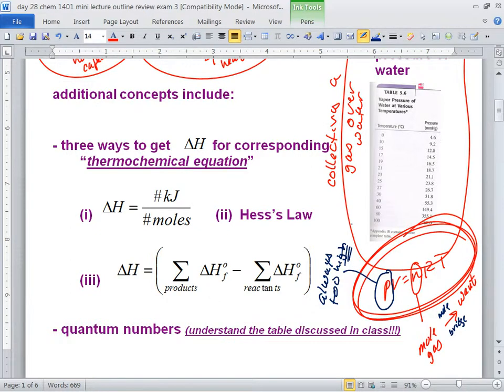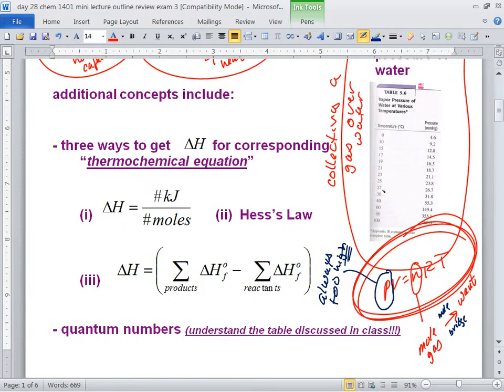That P is always too high. If you plug in the pressure that they give you, you're going to get an answer that's way too big, because the pressure isn't due just to the gas that you're trying to collect. It's also due to water. So you've got to subtract it out. You find the temperature that they're working with and subtract out the right pressure.